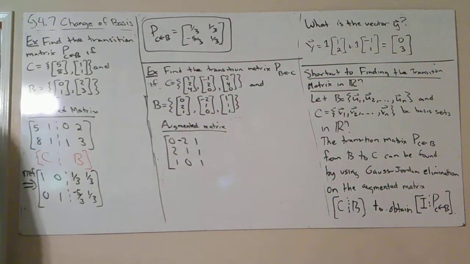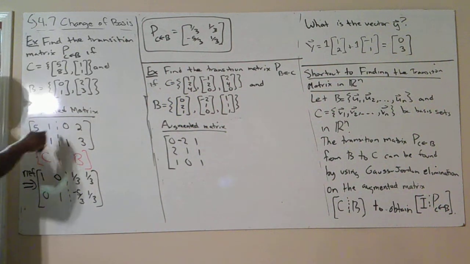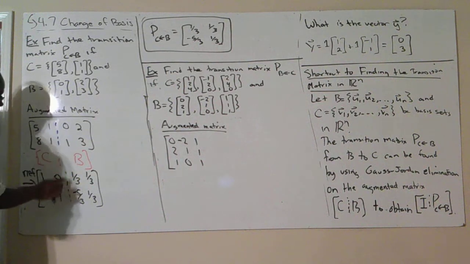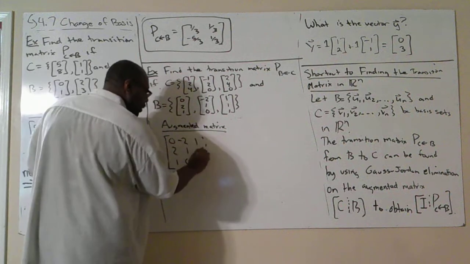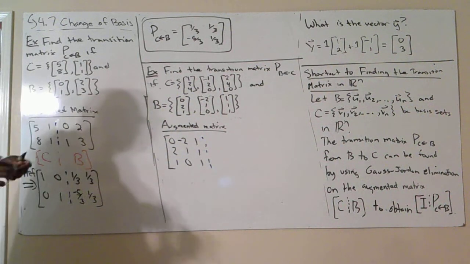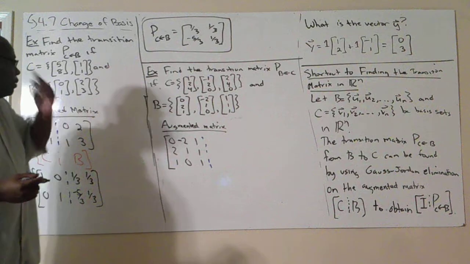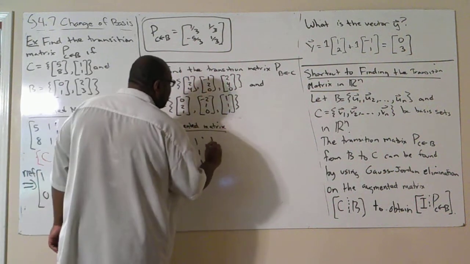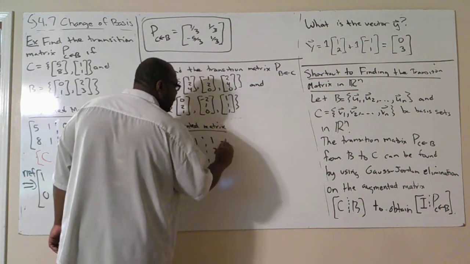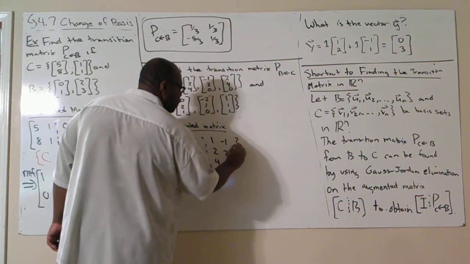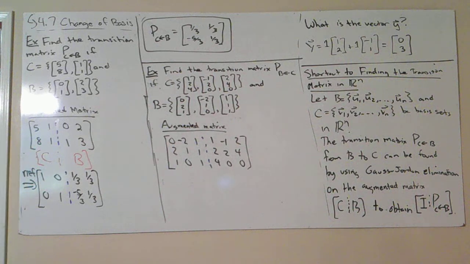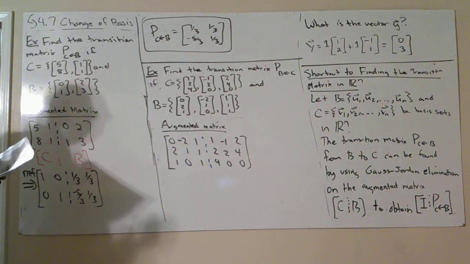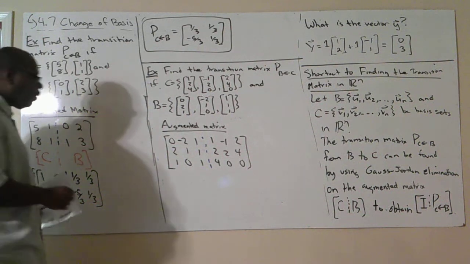And I should actually use a different color. I usually use a different color when I do the dots, don't I? Forgot all about that. It's been a while. Okay. And then C is going to be on the other side: 1, 2, 4, negative 1, 2, 0, 2, 4, 0. Do reduced row echelon form on it.